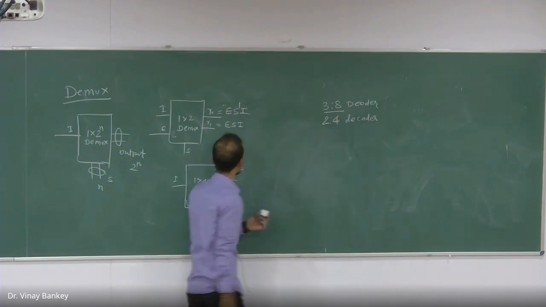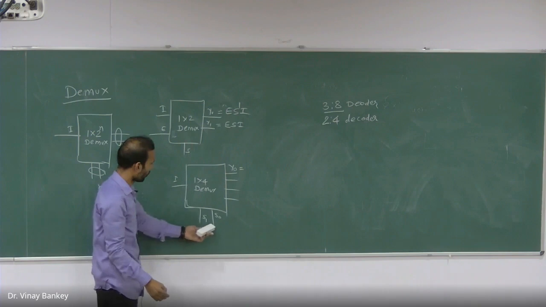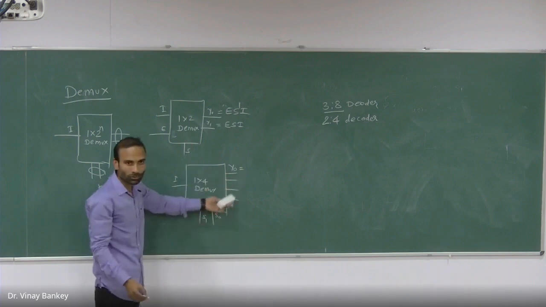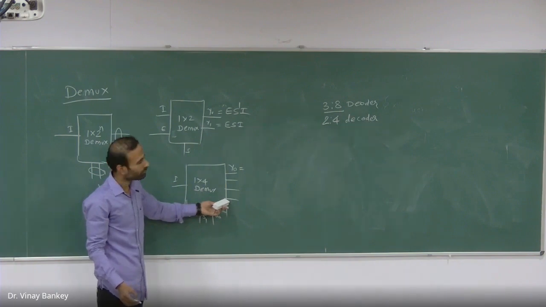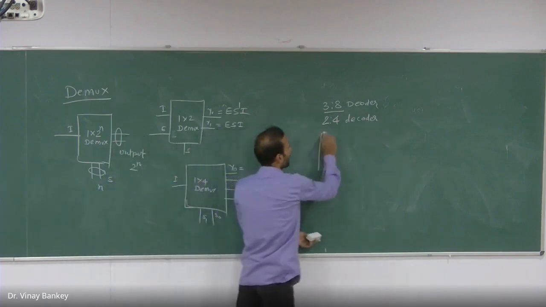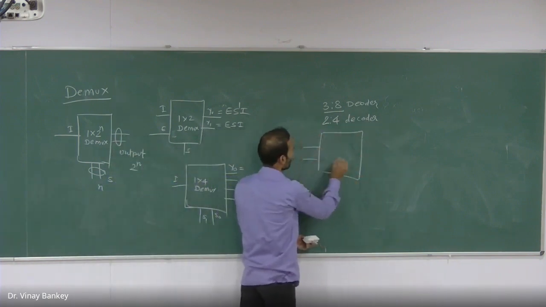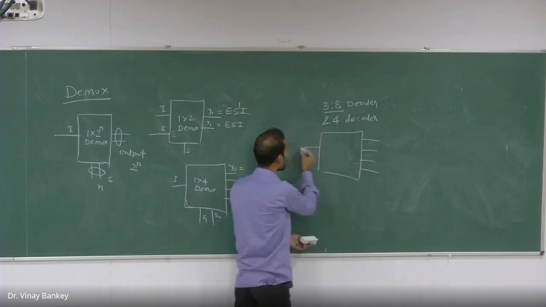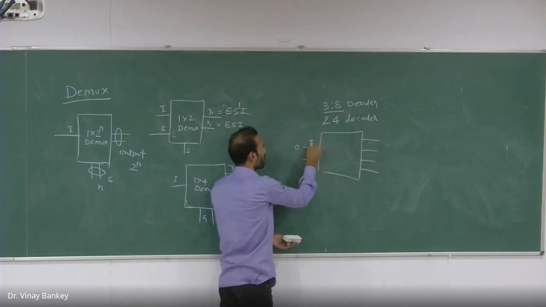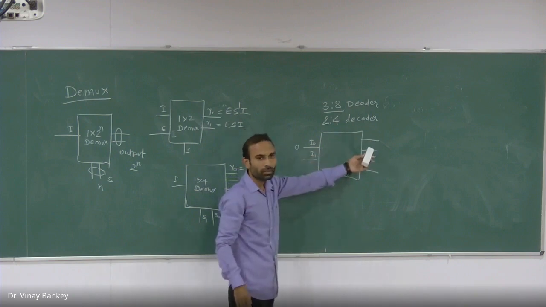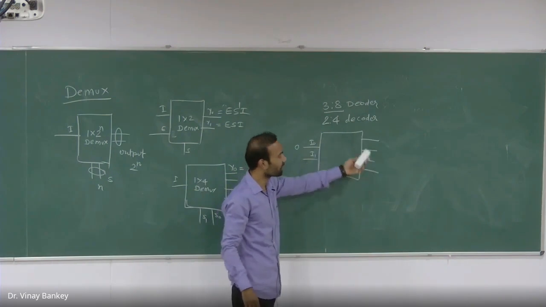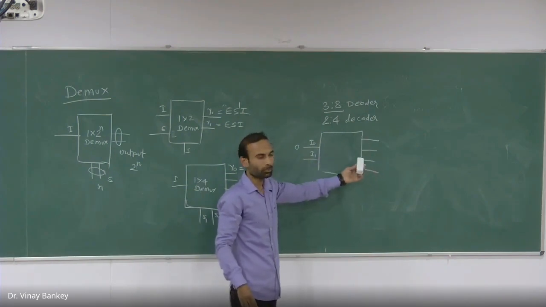So here what are you doing? You have two selection lines and 4 outputs, isn't it? And in the decoder, you saw that according to the combination at the input, one of the outputs will be high, or we can say each output is a min term.